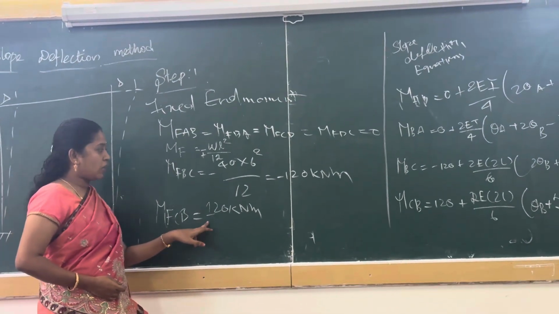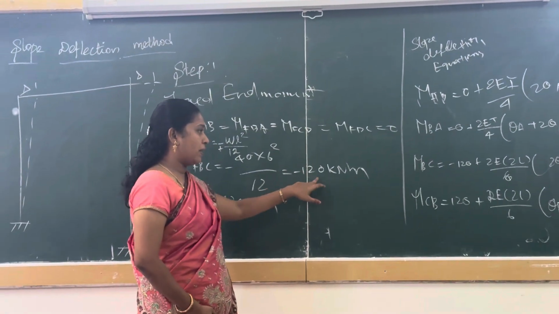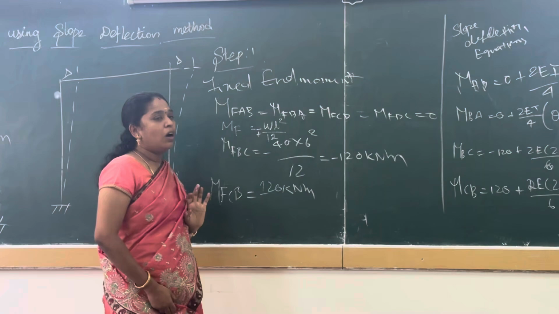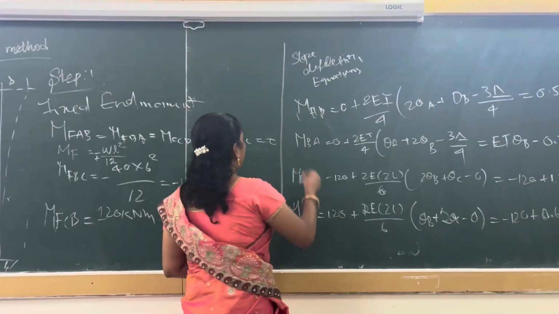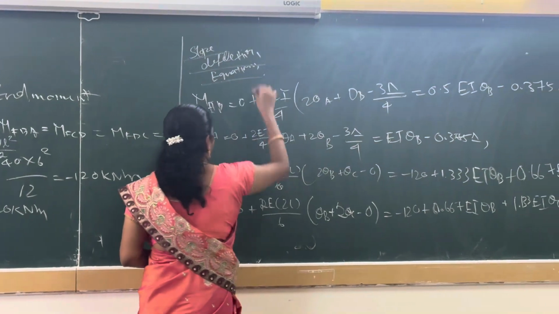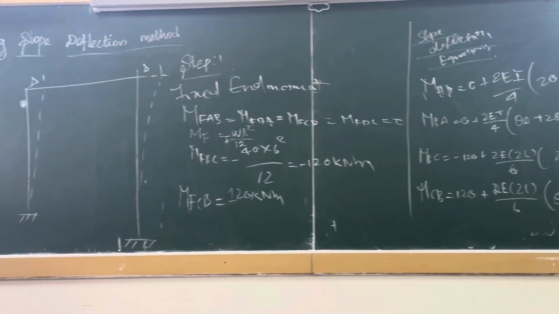For CB, vice versa, the sign will vary. So minus 120 will become plus 120 kilonewton meter. Next is step 2. We need to write the slope deflection equation for all the 3 spans.